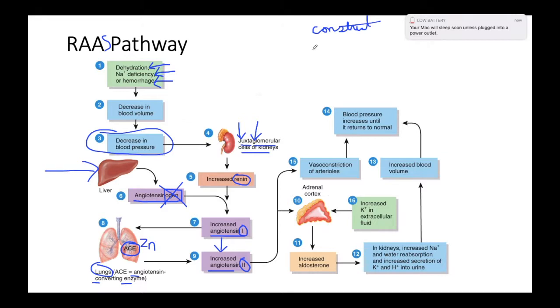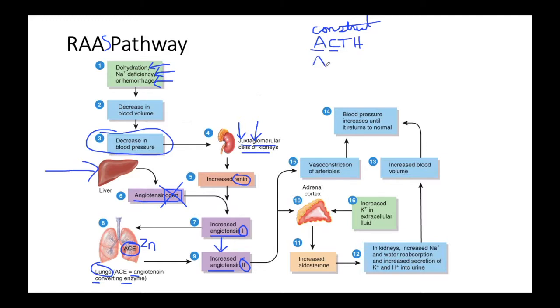It is also involved in releasing adrenocorticotropic hormone, ACTH. We know adrenocorticotropic hormone, adrenocortico. It's going to be involved in secreting cortisol that's going to increase your blood pressure.